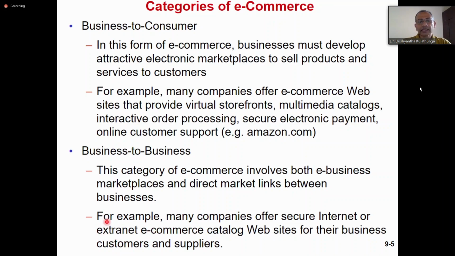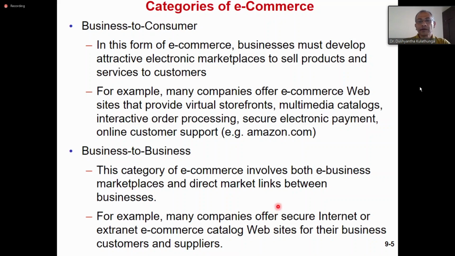But if it is an extranet facility, that means only a limited number of authorized business organizations can access the website. So depending on the type of business organization, they may use either the internet facility or the extranet facility to allow other business organizations to connect with them. That sort of transaction can take place.